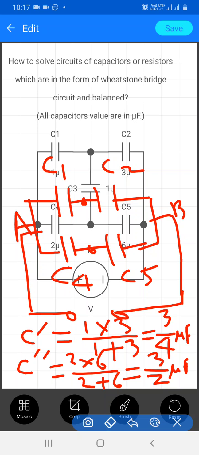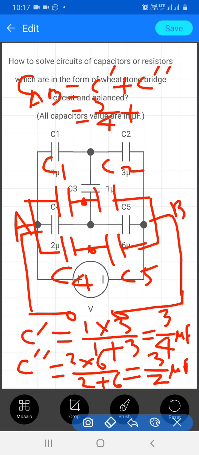So C dash and C double dash will be in parallel now across AB. So CAB or C equivalent will be C dash plus C double dash, and this will be 3 by 4 plus 3 by 2. We can solve it, that is 6 by 4, 9 by 4.